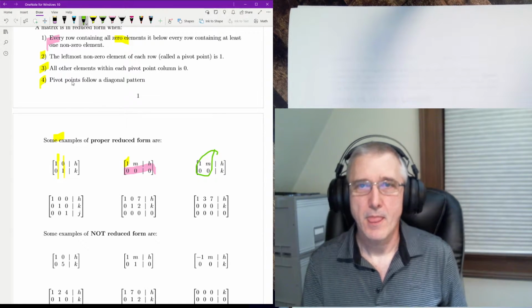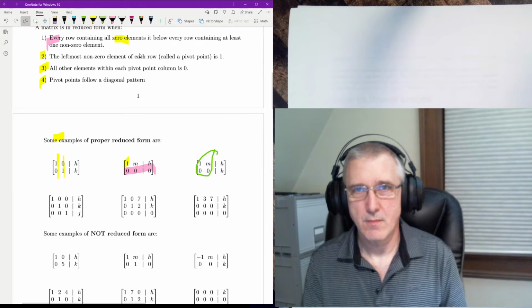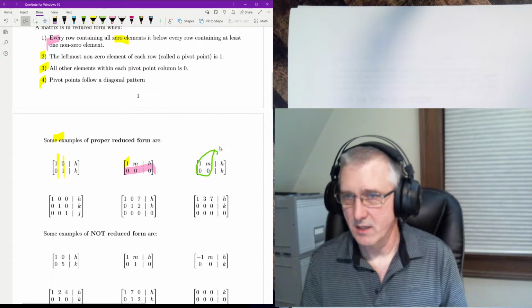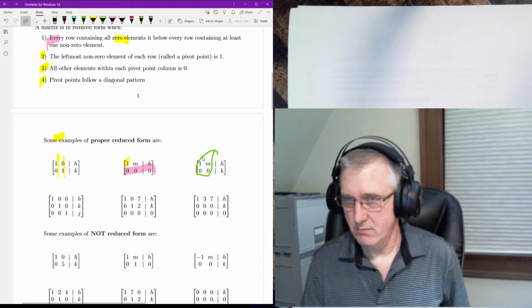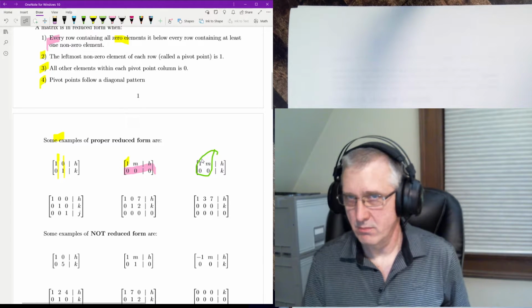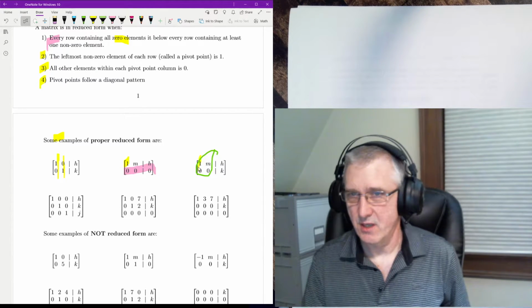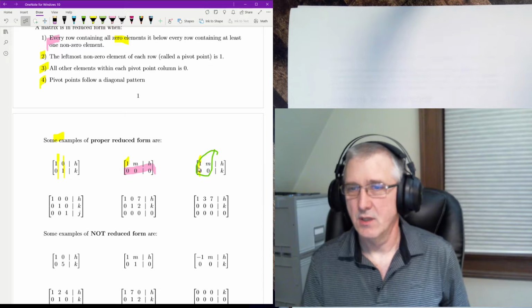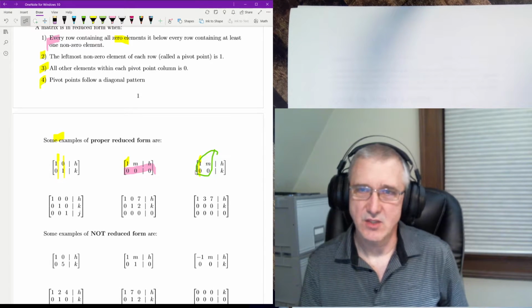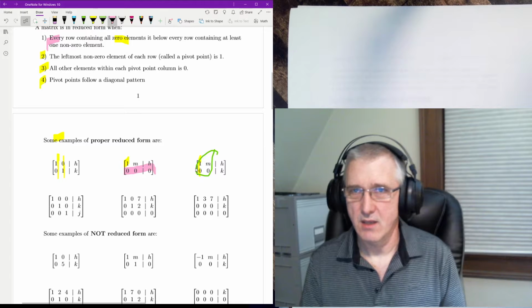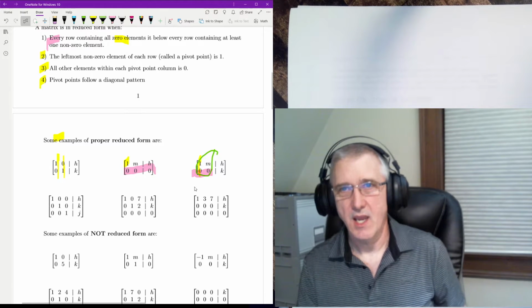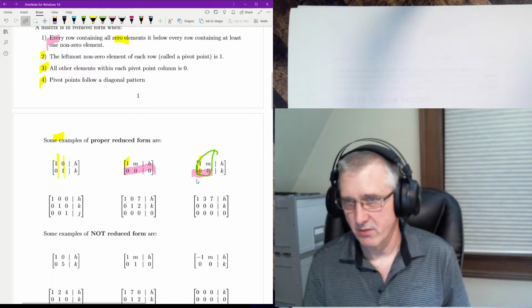Now, next example, we have a 1 in the pivot point. Everything else in the column is a 0. We already indicated that this is going to be an all-zero row version, and it is indeed all zero elements, below every row containing at least one non-zero element.